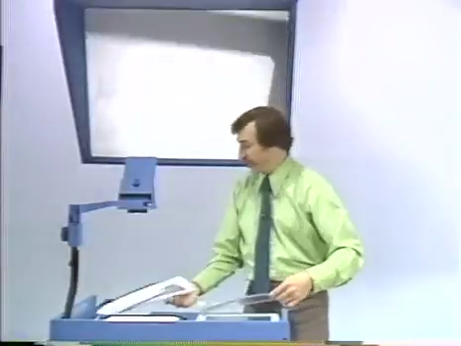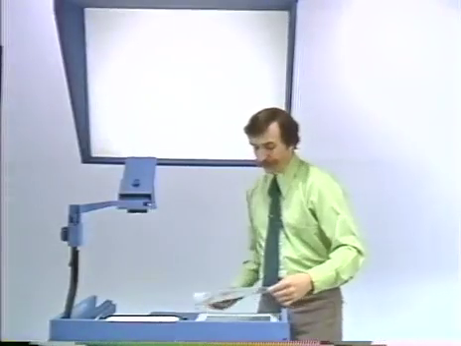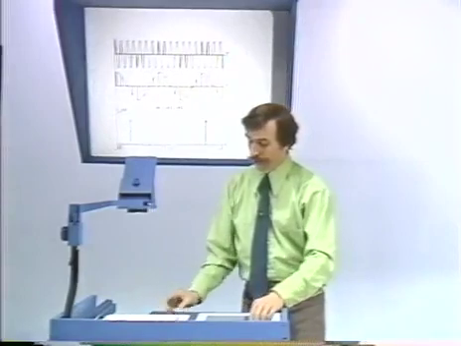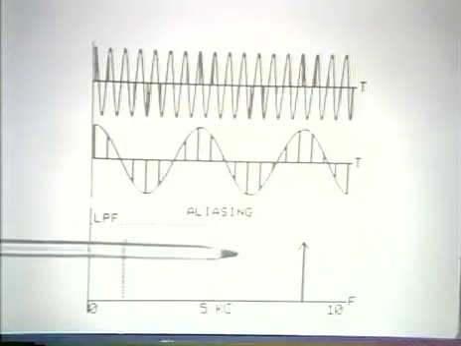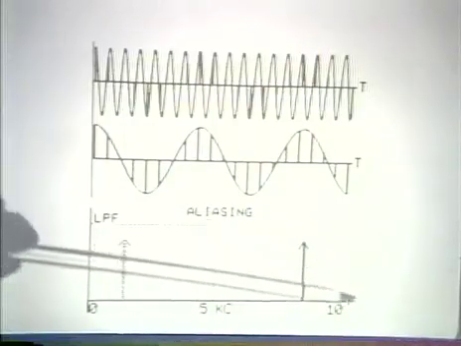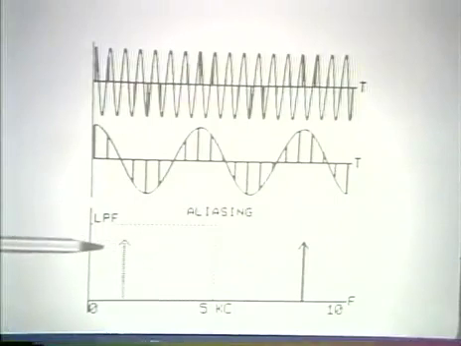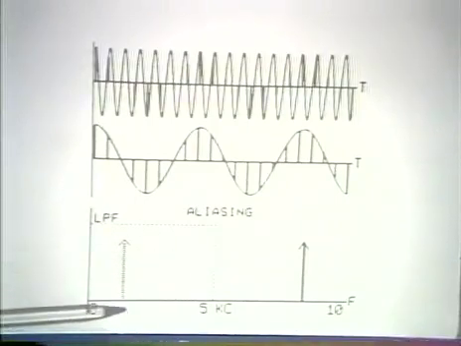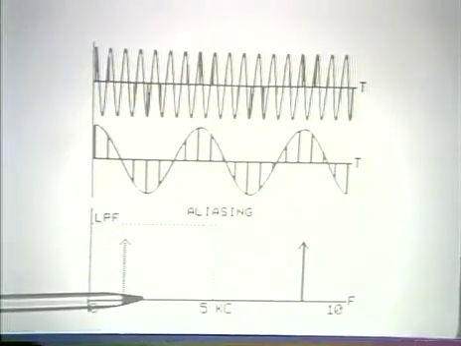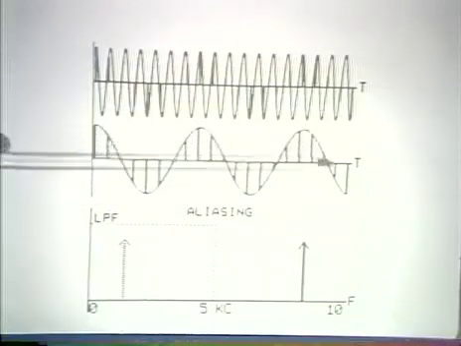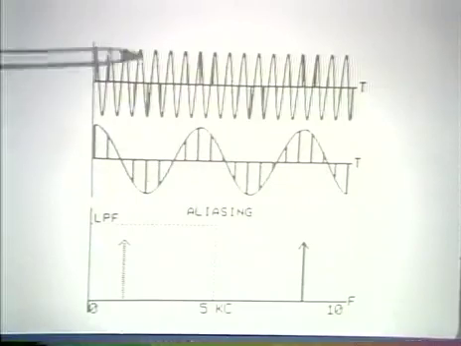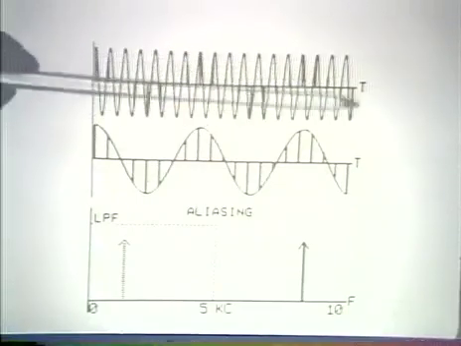And to dramatize that even further, here is the example where the input frequency has moved up close to 10 kilohertz, but what comes out of the low-pass filter is a much lower frequency. You can see that here is the reconstructed sinusoid, whereas here we have the input sinusoid.